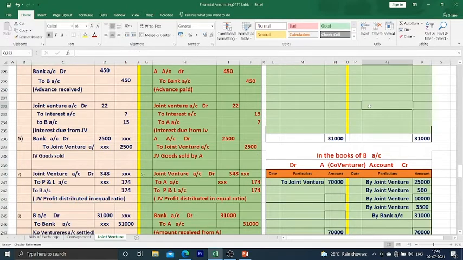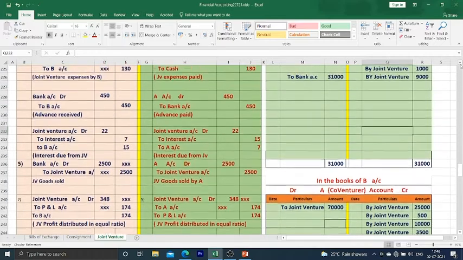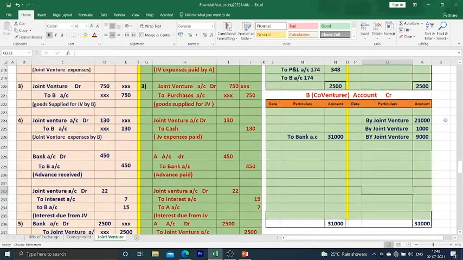Now we prepare A account. To joint venture 750, to joint venture 130, to joint venture 15. Total amount is 890 of this to joint venture.